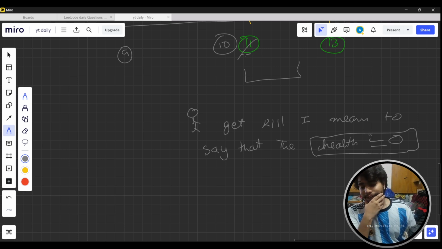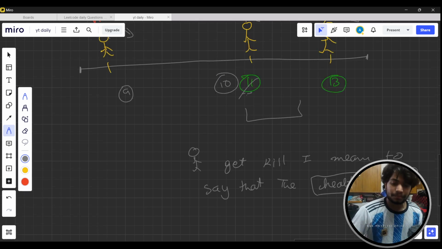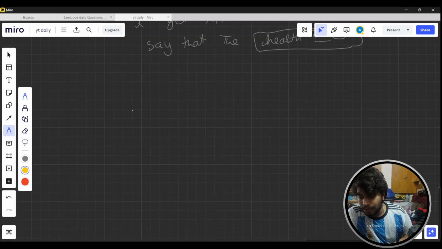Now the question arises, how can we implement this? So let's take the same example. There are 4 robots and they are colliding.